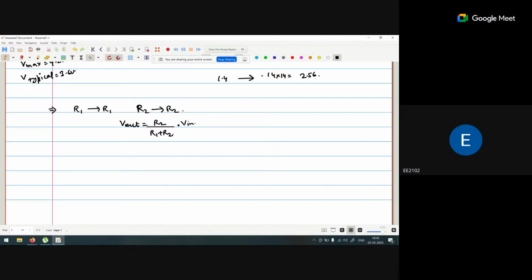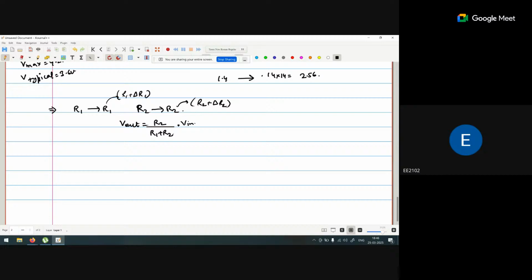So the value of R1 is not only R1, it is R1 plus delta R1, and the value of R2 is not only R2, it is R2 plus delta R2.